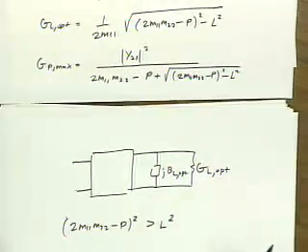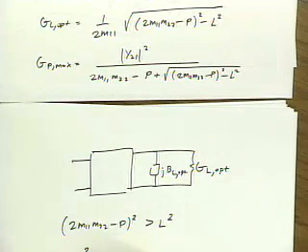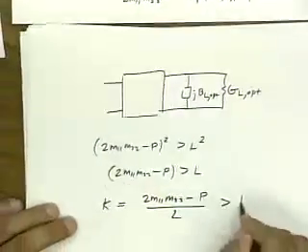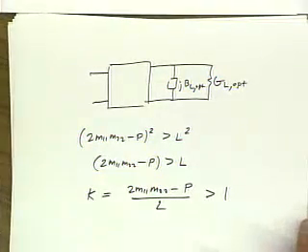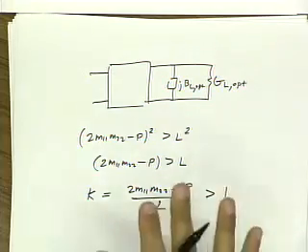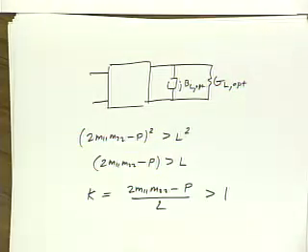Rewriting this, both sides are squared, so I can take the square root of both sides and define a constant which has to be bigger than 1. So the condition for the solution to exist is that k has to be greater than 1. Up to here, this is just some wacky constant. We don't really know what it represents. We just know that it's related to having a real load termination.